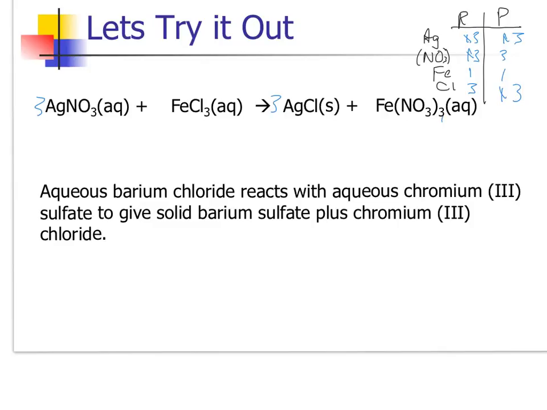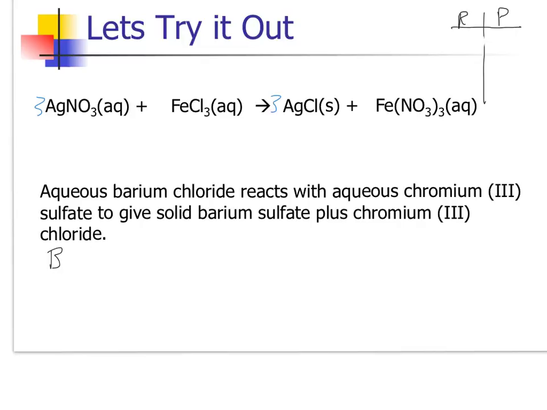Now in the last problem here, we have a little bit more going on. And because it's all words, some people are going to go, oh no, what do I do? Well, this comes back to how well you paid attention during the naming unit. And that's usually what happens. So, barium chloride, well, I know what barium chloride is.